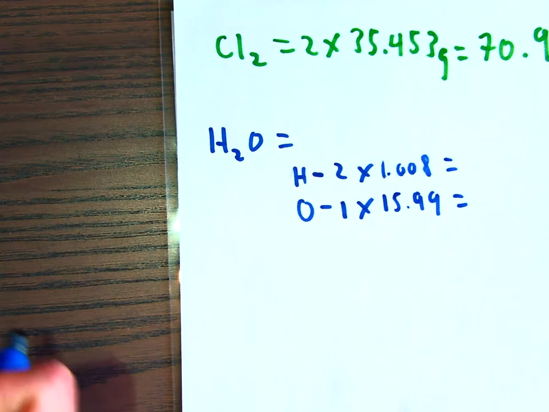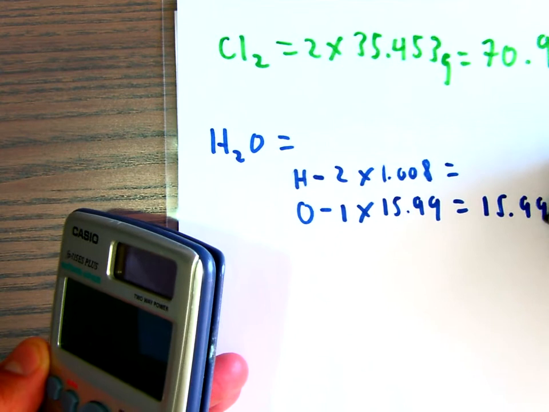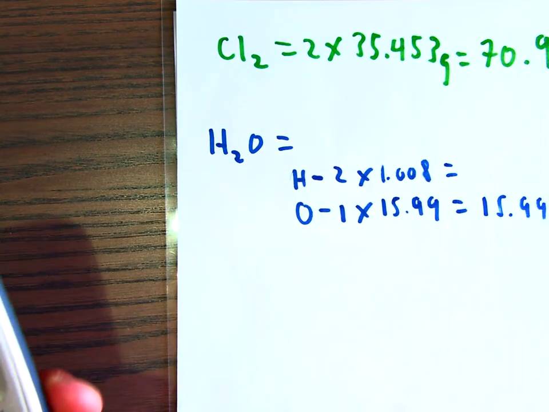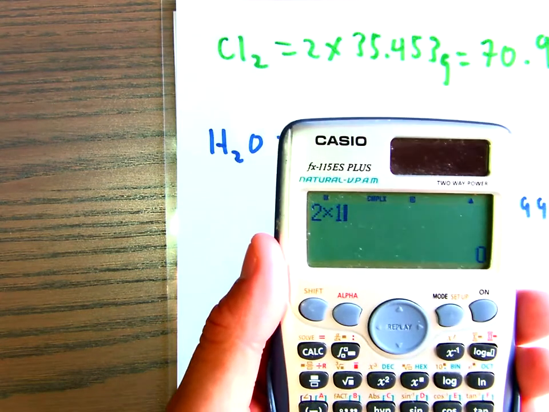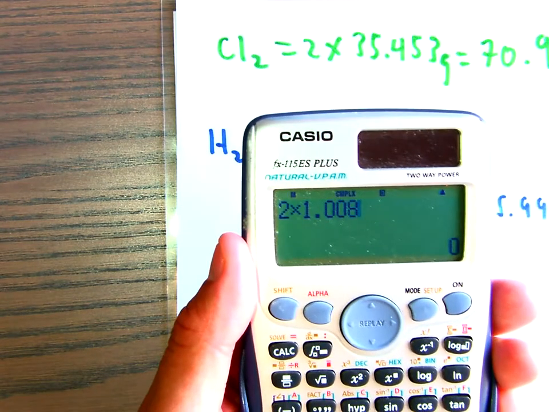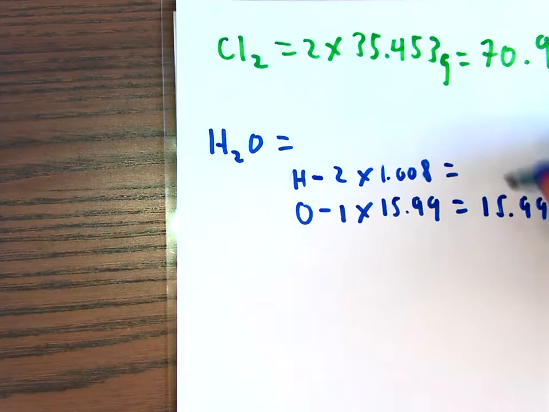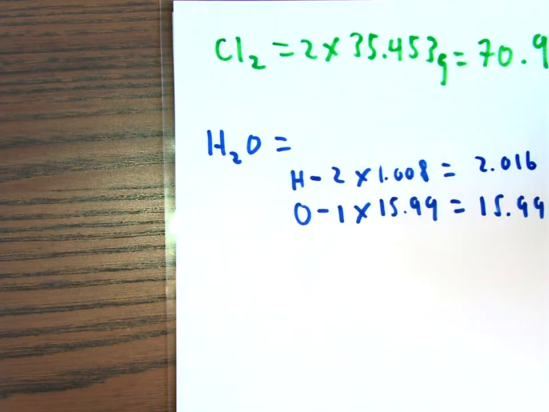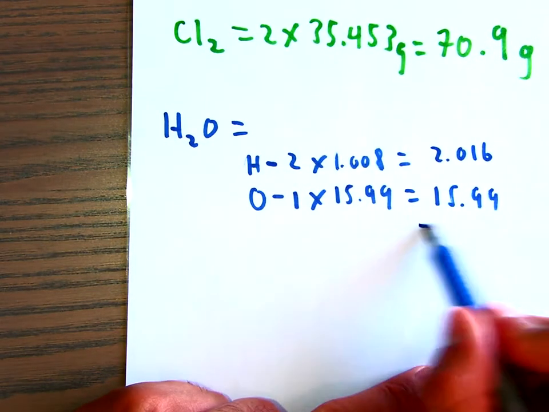So this is going to give us 15.99 because that's just 1 times that. Then the other one's going to give us, if we go 2 times 1.008, 2.016.